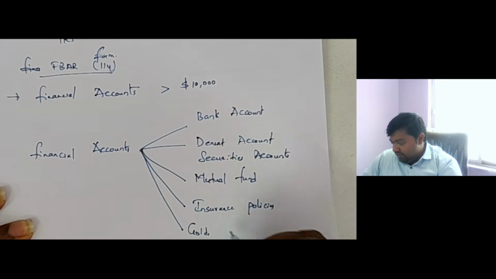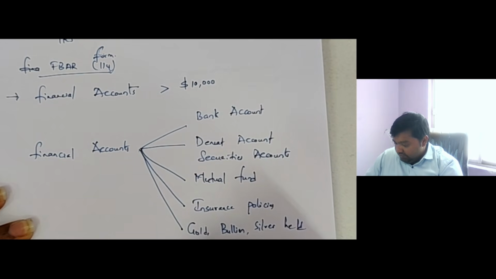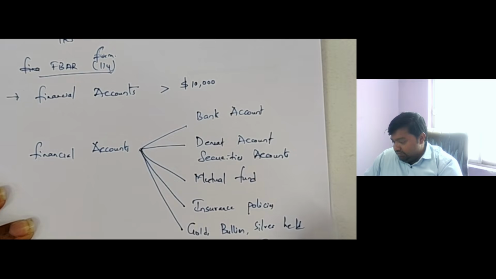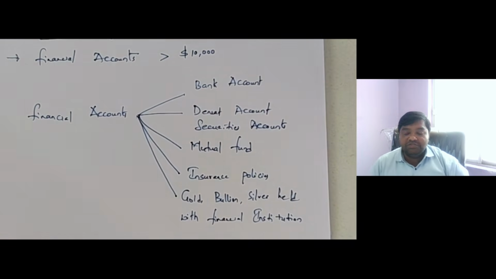Gold, bullion, silver held with a foreign financial institution. Example. So what happens is US citizens normally purchase gold bars, silver bars as an investment, and they will keep them in a locker.